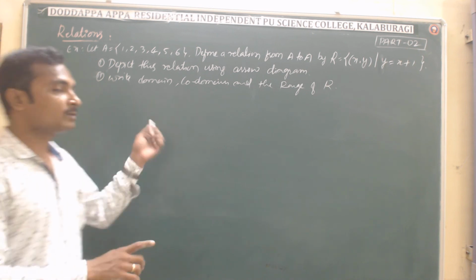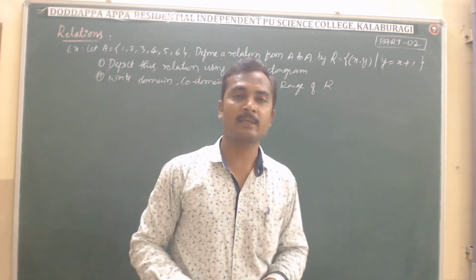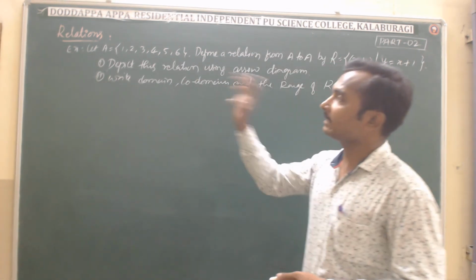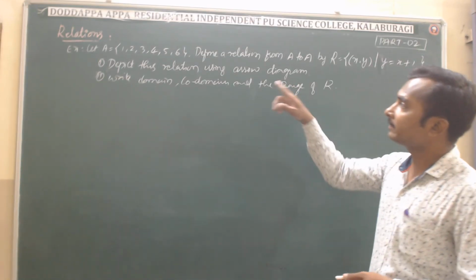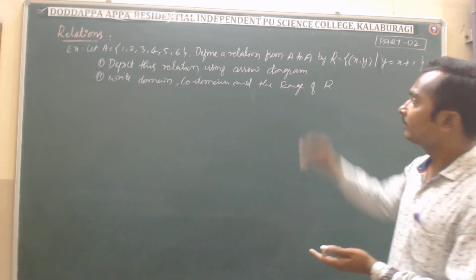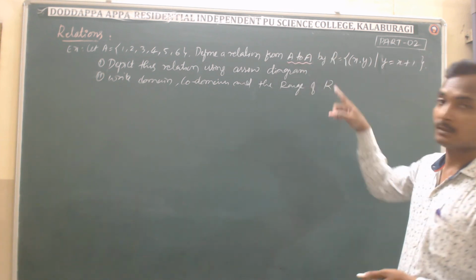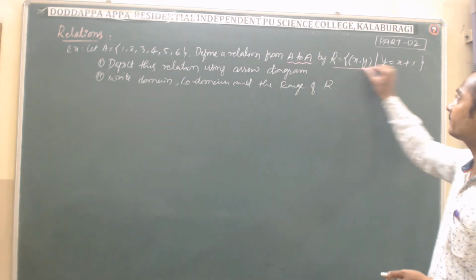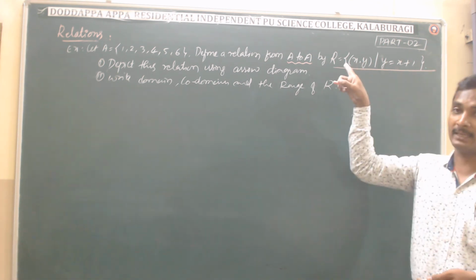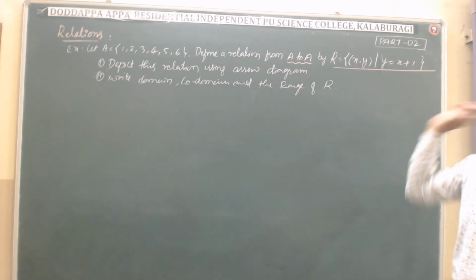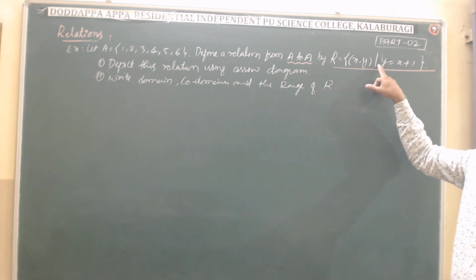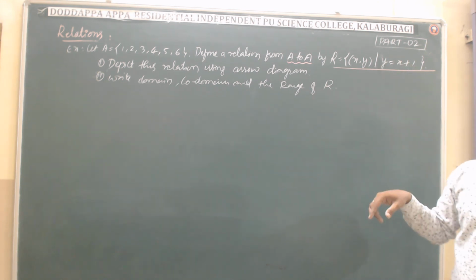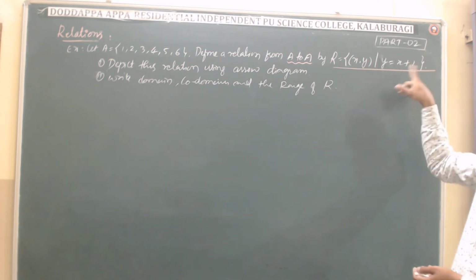Okay, students. So here is one of the beautiful examples. The question is: set A is given as 1, 2, 3, 4, 5, 6, containing 6 elements. Define a relation from A to A by the relation set R equals the set of all ordered pair elements (x, y) such that y equals x plus 1. The ordered pair elements are followed by the mathematical condition y equals x plus 1.